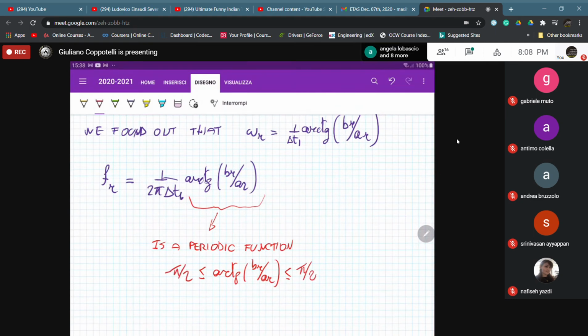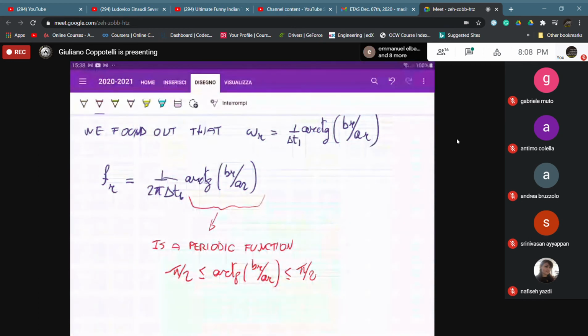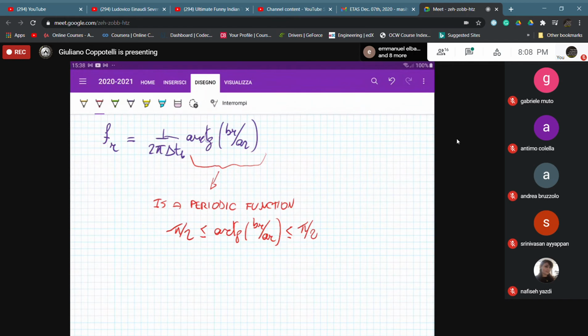So if we are looking at the maximum value that this frequency could have, it is when the arctangent function is equal to half pi. Therefore, the maximum value of the natural frequency is just 1 over 4 delta T1.